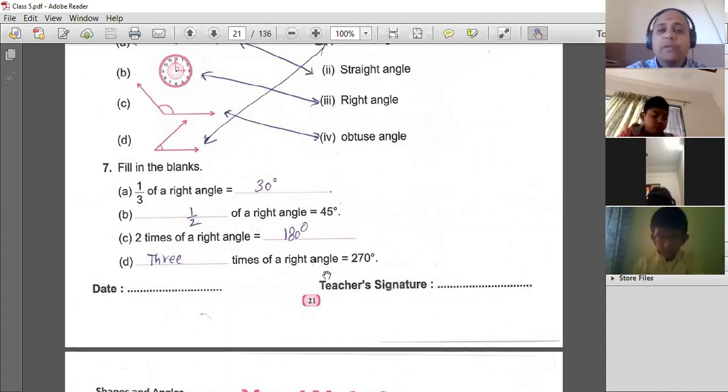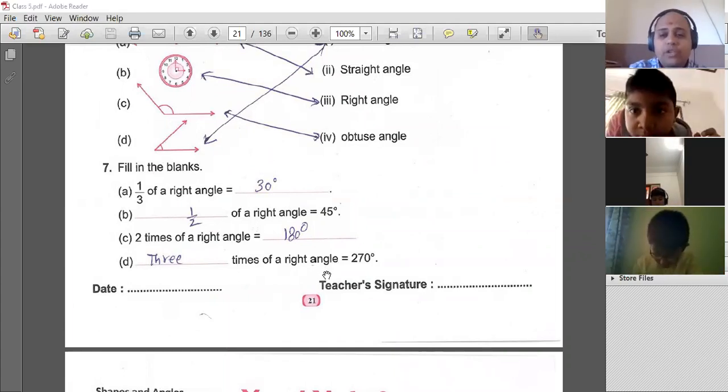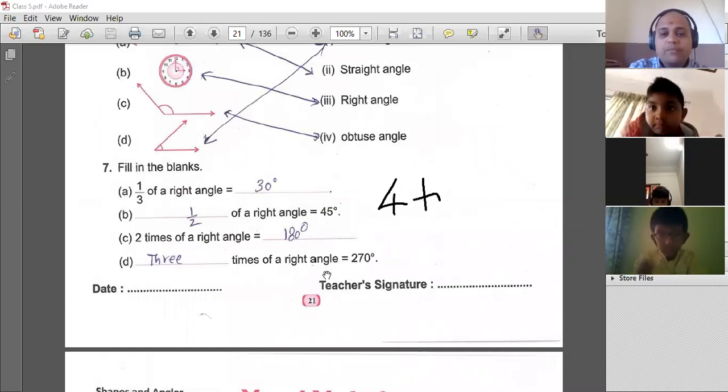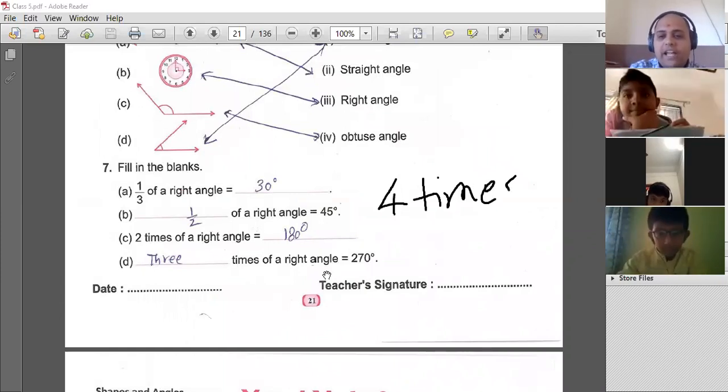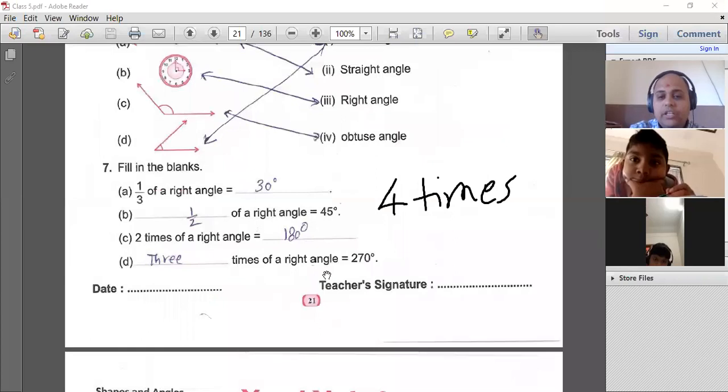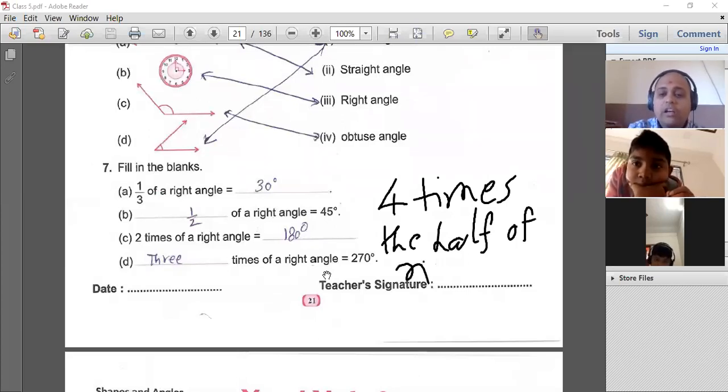Now say for example, an extra example, if I give you four times the half of a right angle. Now this is a twist question, isn't it? This is a twisted question.